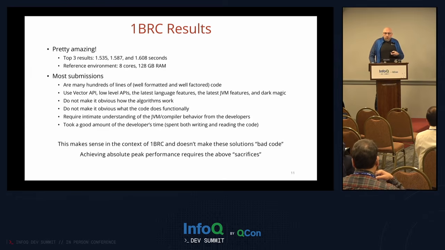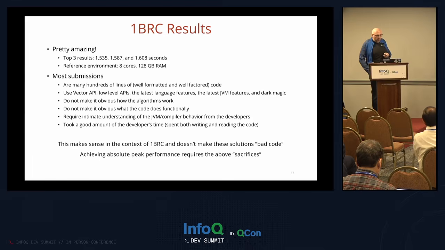And all these top solutions, people worked on them up until the challenge deadline. So you can think of it as the time to market for them was about a month, since it ran for a month. And again, it's a fun challenge. It all made sense, and it doesn't mean that there is anything wrong with the code.